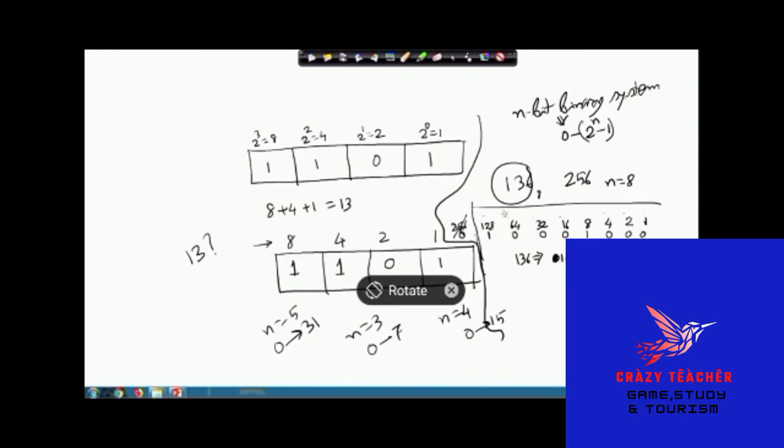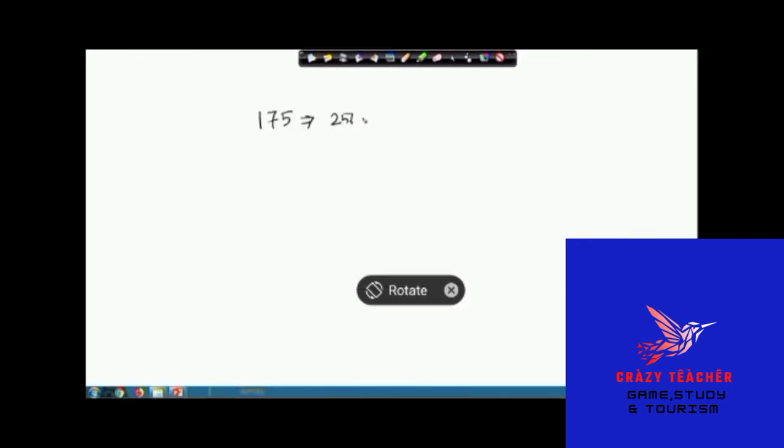For example, if you take n equal to 4, you can represent numbers from 0 to 15. If you take n equal to 3, then you can represent the numbers 0 to 7. If you take n equal to 5, you can represent numbers from 0 to 31. So for 136, what will be the value of n?